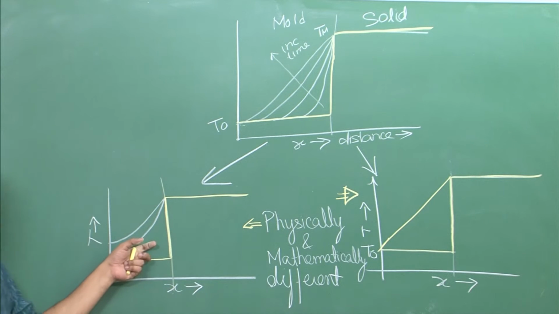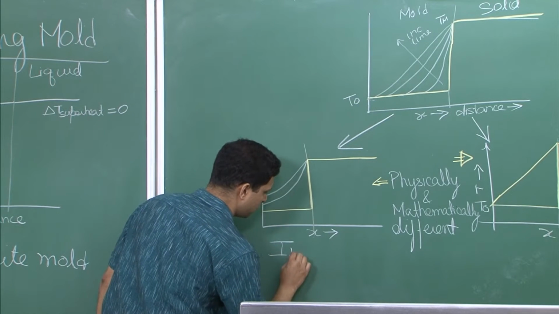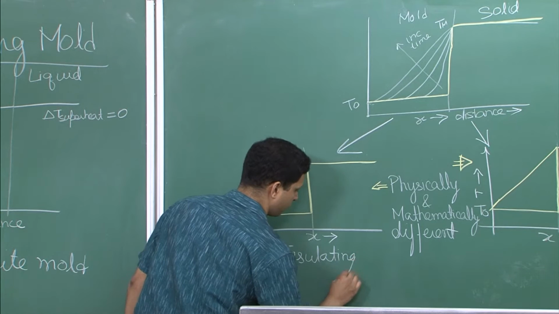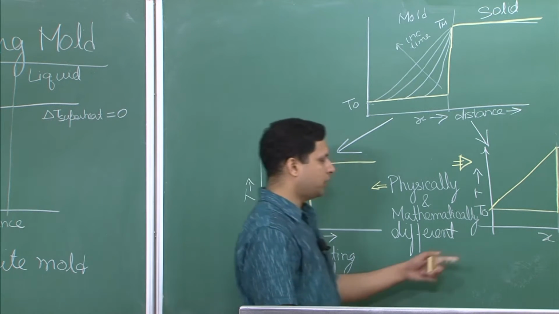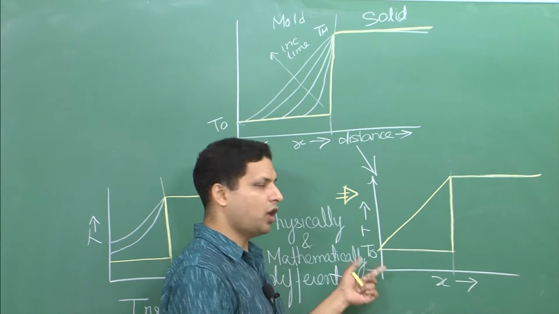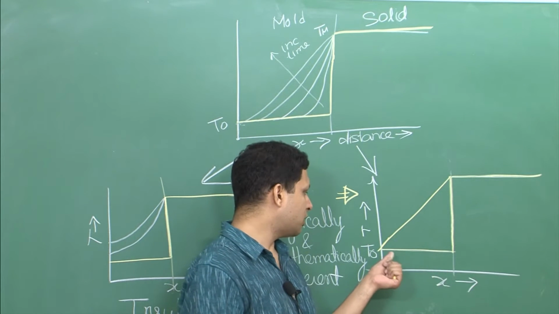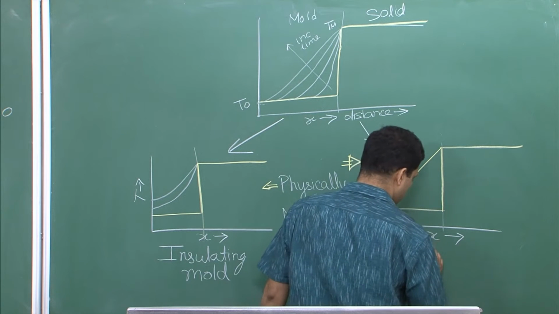This is actually the condition which we call insulating mold. And this is a particular kind of configuration where you have artificially fixed the boundary condition, that is the mold air interface equal to T naught.